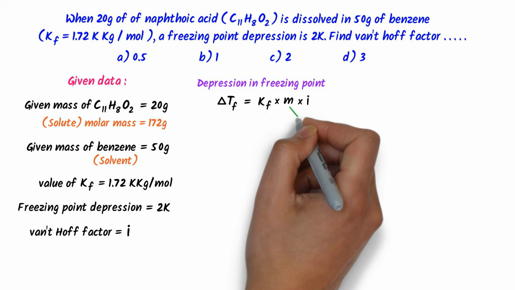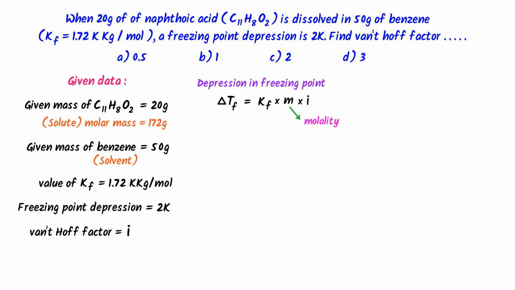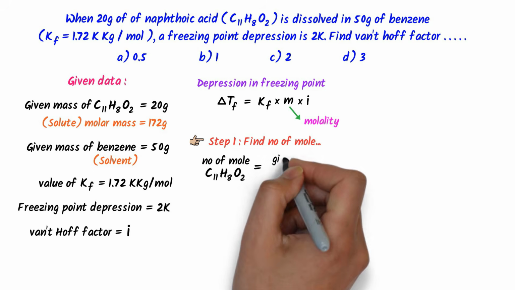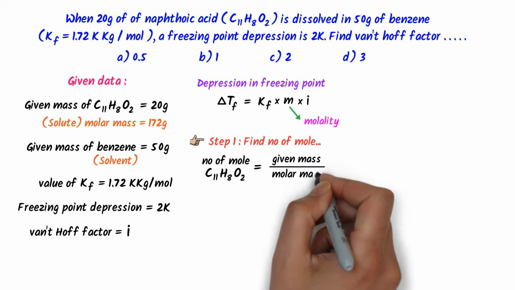Here this m stands for molality. Now to find molality, we need the number of moles of solute. So in the first step, I find the number of moles of solute. The solute is naphthoic acid.